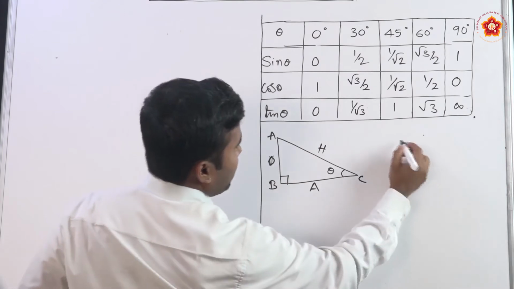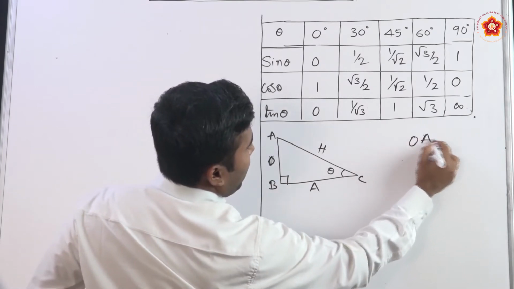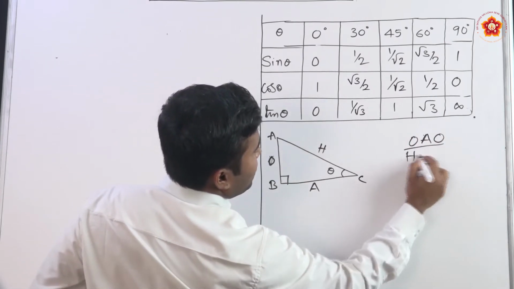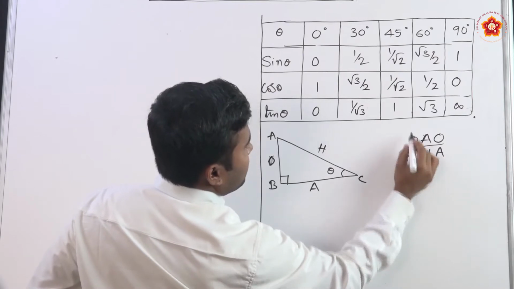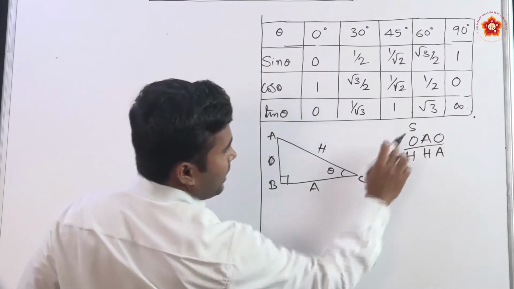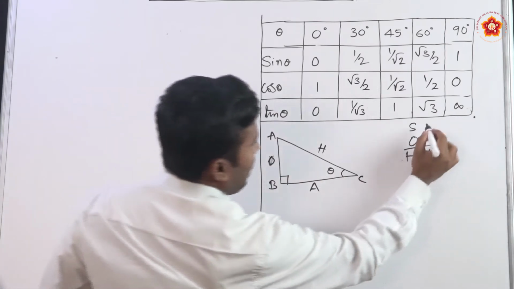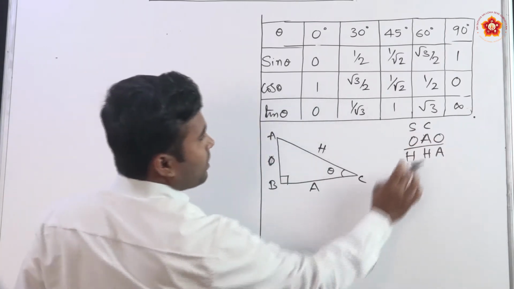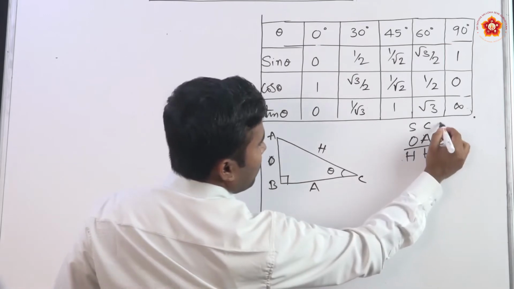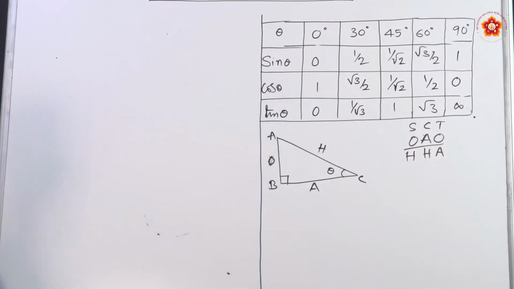This is 90 degree. One shortcut method to remember this is OAO by HHA. Sin theta is opposite by hypotenuse, cos theta is adjacent by hypotenuse, and tan theta is opposite by adjacent.